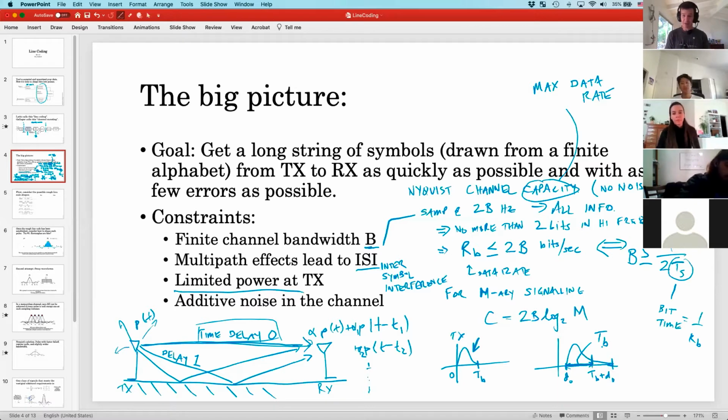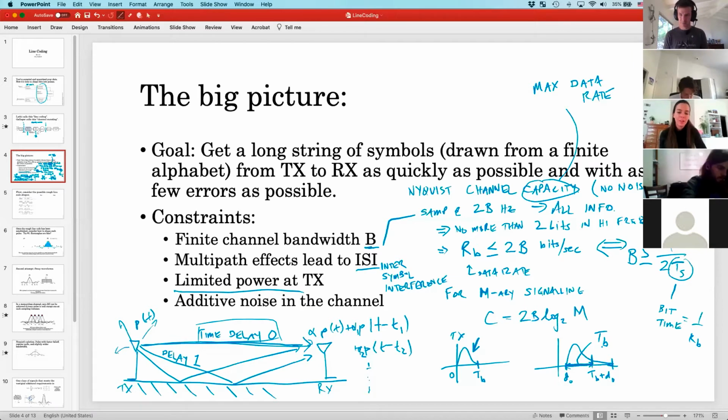But if you start talking about Doppler, then all of a sudden, even signals that started TB seconds long can themselves grow or shrink depending on the relative speeds of the two antennas. I don't think I'm going to talk much about Doppler. Everything works if you don't consider Doppler. You're going to hear me saying that a lot.